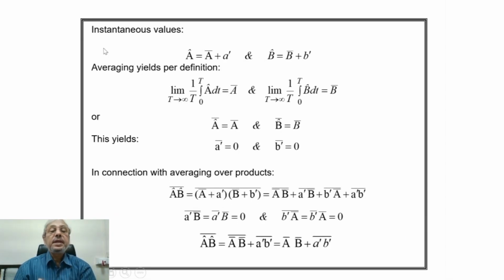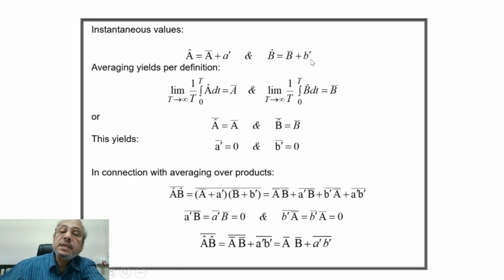Now let us discuss some laws of averaging. Let A hat be some instantaneous quantity which can be expressed as A bar plus small a prime, and B hat is B bar plus small b prime.